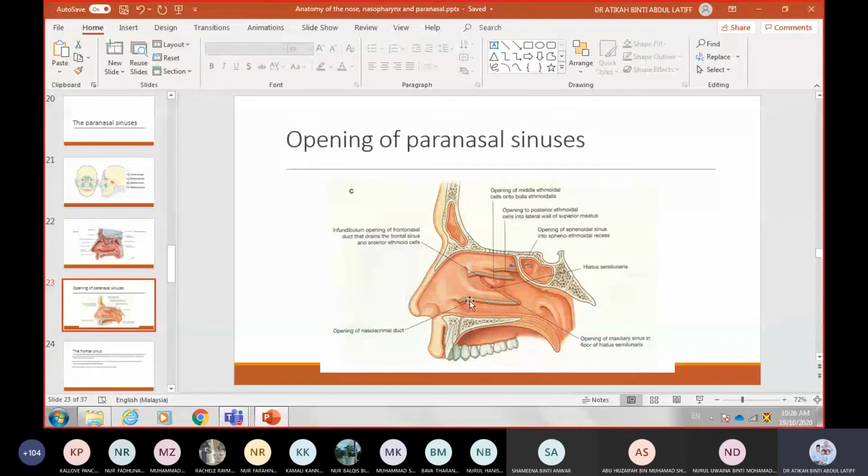This is where it opens. That's why when you cry, you also have a runny nose, right? You have rhinorrhea when you cry, because when you cry, the tear ducts open inside your nasal cavity. This is where it drains your remaining tears inside the nasal cavity.